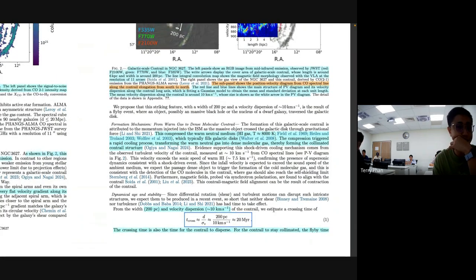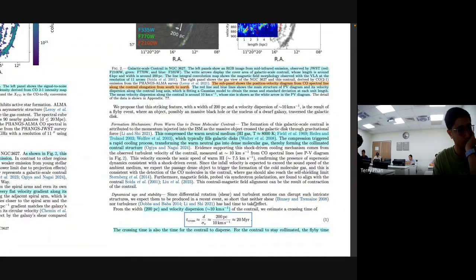Now, using the width of the contrail, around 200 parsec, and velocity dispersion around 10 km per second, the authors calculate the crossing time, which is around 20 million years, which indicates that the contrail was formed not long ago.